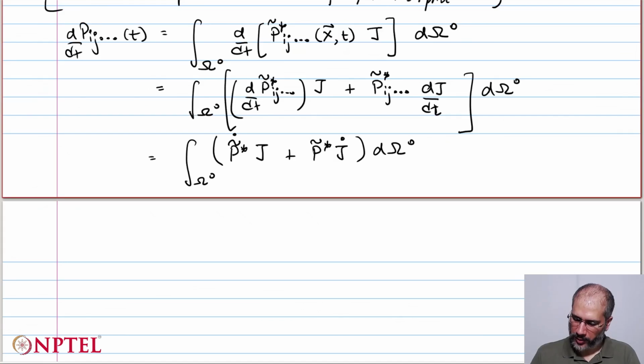And again, from the discussion in the previous lecture, we saw that J dot can be written as divergence of velocity times the Jacobian.